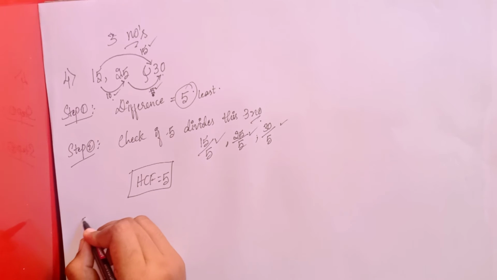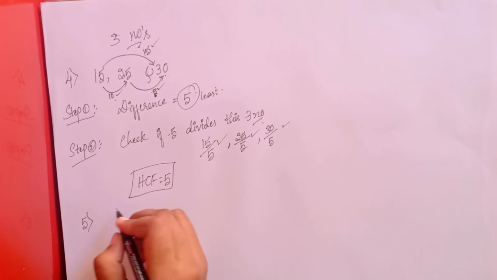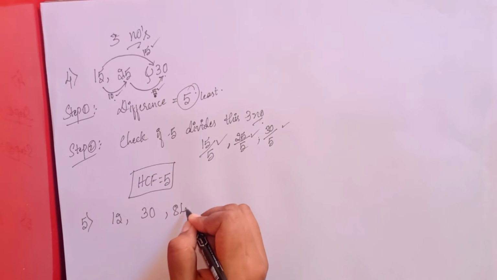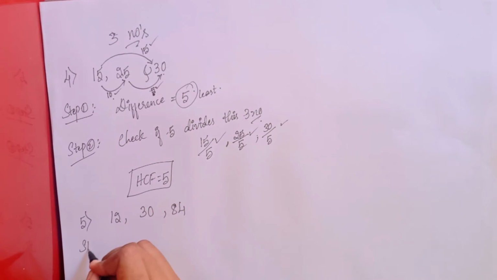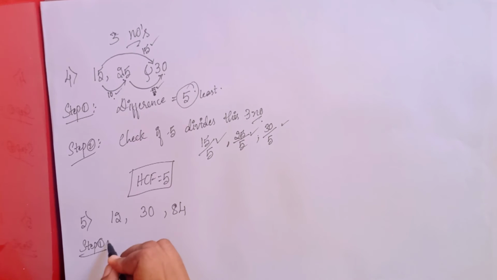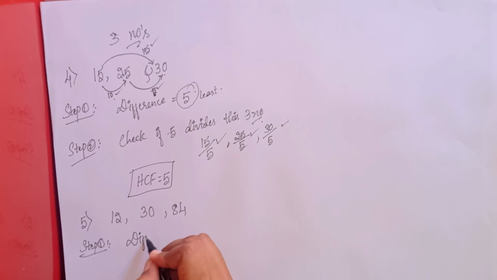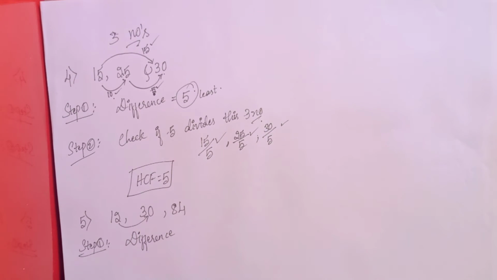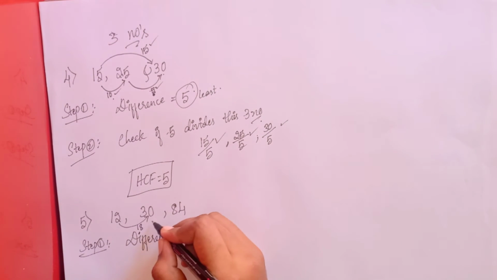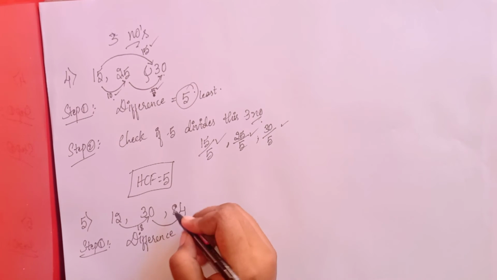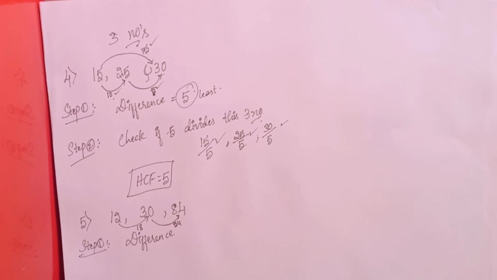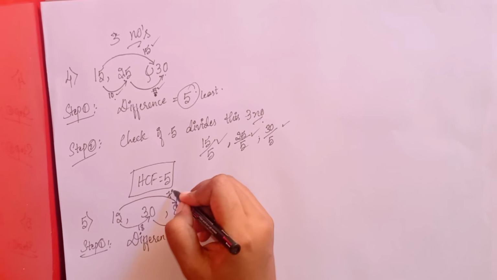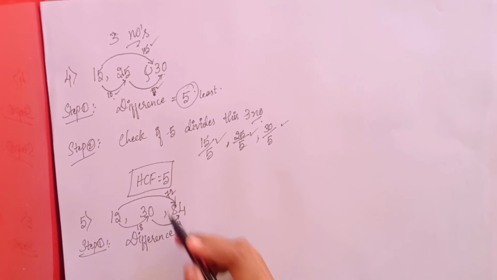So next, we'll go for the next one, for 3 numbers only. So 12, 30 and 84. Step 1, find the difference. 30 minus 12, we will get 18, and 84 minus 30, we will get 54, and the difference between 12 and 84 is 72, because 84 minus 12 is 72.